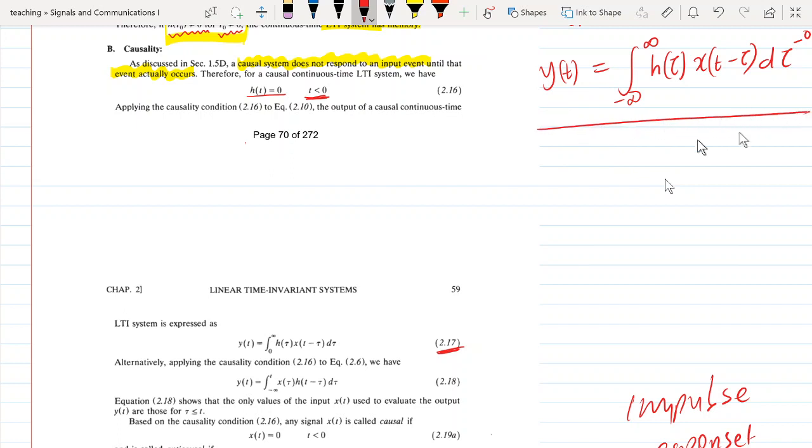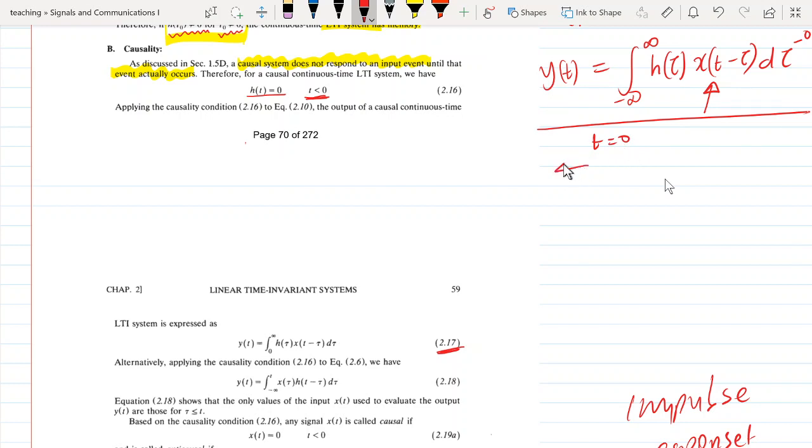As long as the event that is introducing our input x of t has not occurred, all events start at time equal to 0.